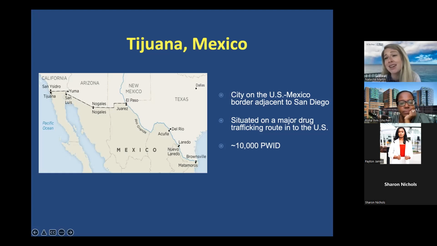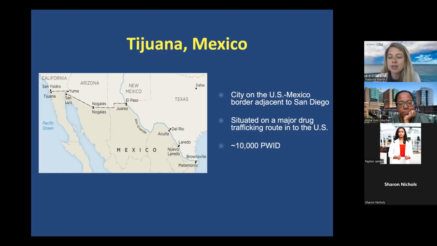From where I sit at UC San Diego, it takes about 20 minutes to drive to the border. It's really a contiguous city. And this is one of the major drug trafficking routes of drugs from Mexico into the United States. It's a major drug trafficking route for heroin and methamphetamine into the US.